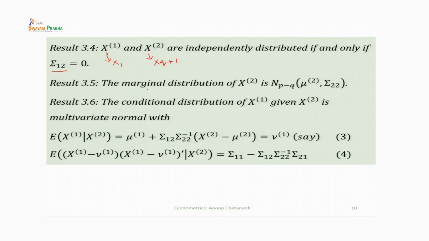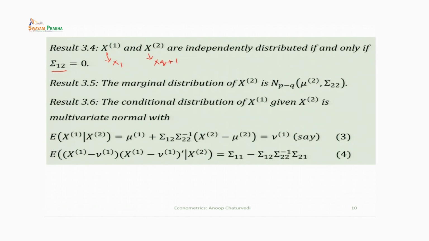Then if you derive the marginal distribution of x2, it is again a multivariate normal distribution having p minus q components. It has mean vector mu 2, which is the expectation of x2, and variance covariance matrix sigma 22.